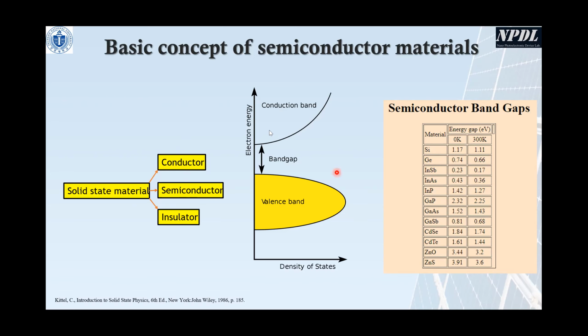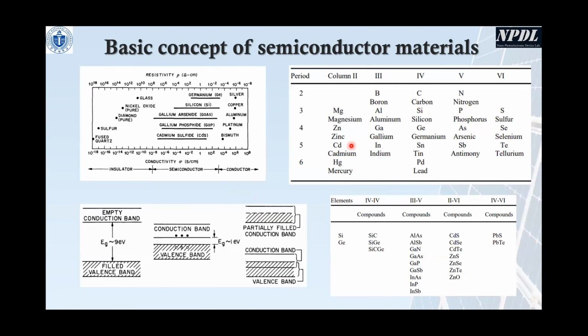Here I will show many types of semiconductor materials according to their band gap. Usually some of these semiconductor materials are used for the fabrication of solar cells. This is also a concept of semiconductor materials: when we make the device fabrication, we are concerned about properties like conductivity and resistivity.